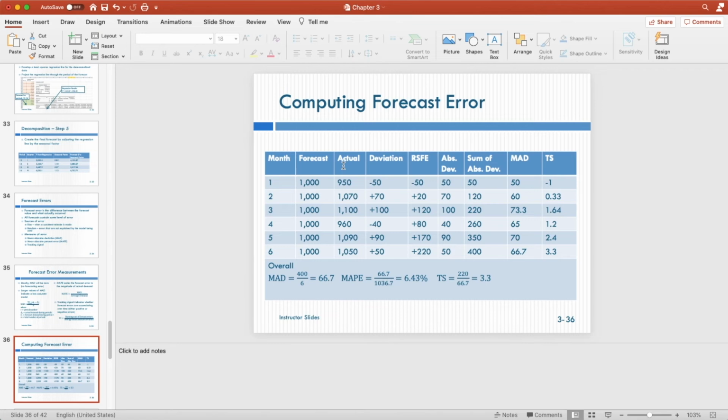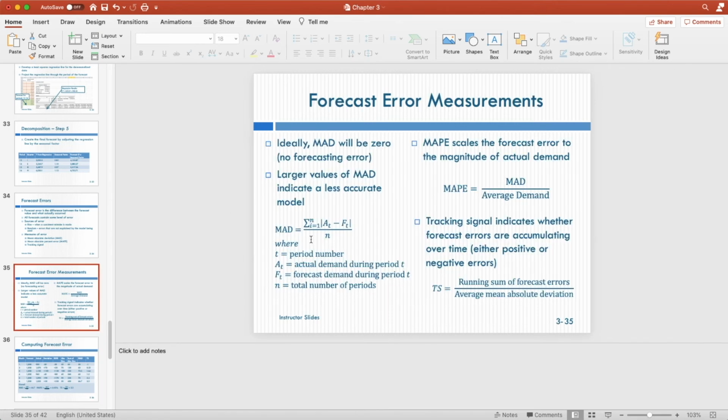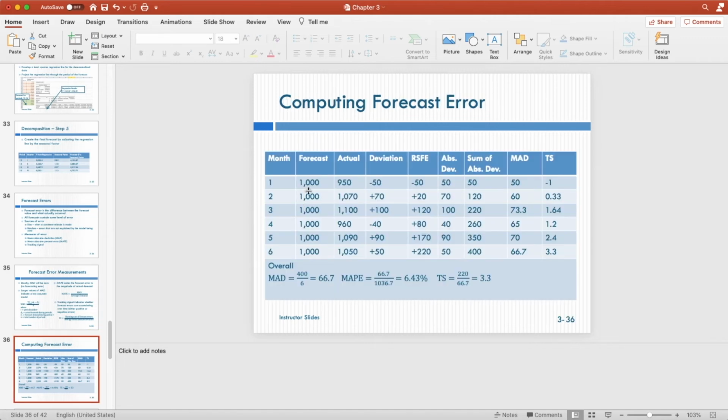First of all, we need to calculate the mean absolute deviation. This will be the equation. Remember, before we sum up, we need to calculate every element. Every element is the absolute value of the actual amount in period T minus the forecast in period T. The actual amount is 950 and the forecast amount is 1000 in month 1.